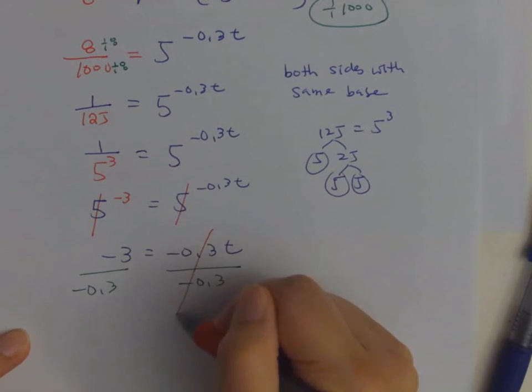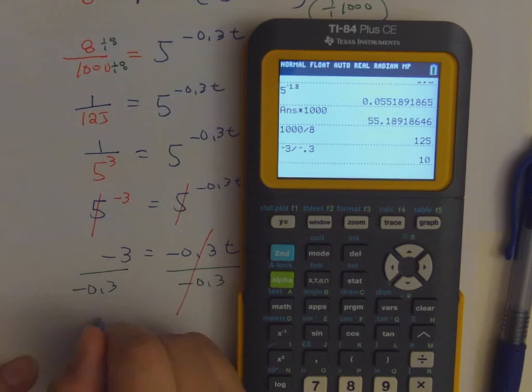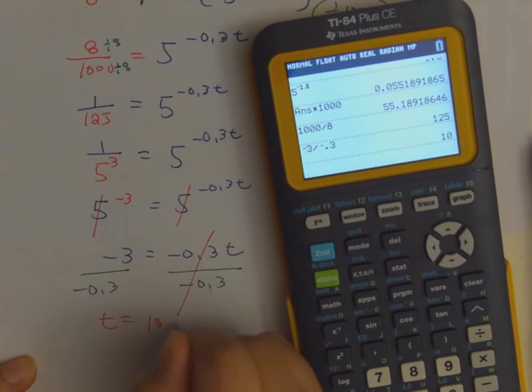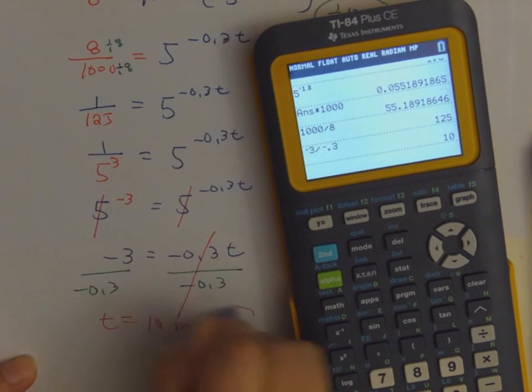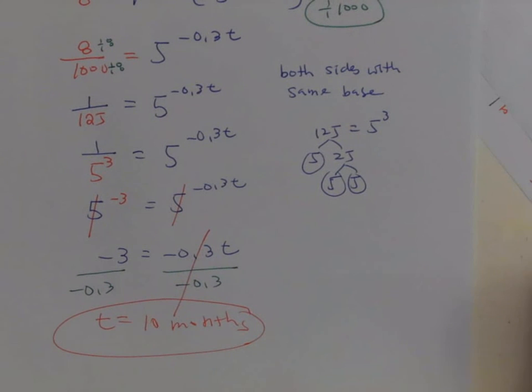So negative 3 divided by negative 0.3 gives t equal to 10 months. So it takes 10 months to reduce the radioactive material to 8 grams. All right?